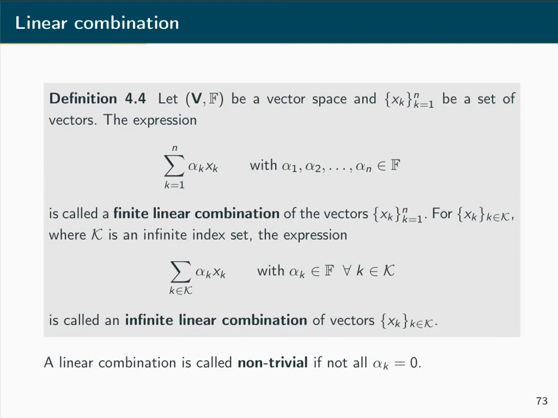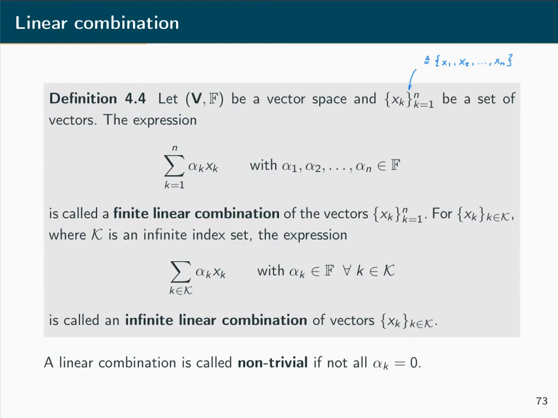So let V be a vector space over the field F, and let {x_k} be a finite set of vectors in this vector space. By the way, we use this notation here to mean the set of vectors x1, x2, and so on up to xn.